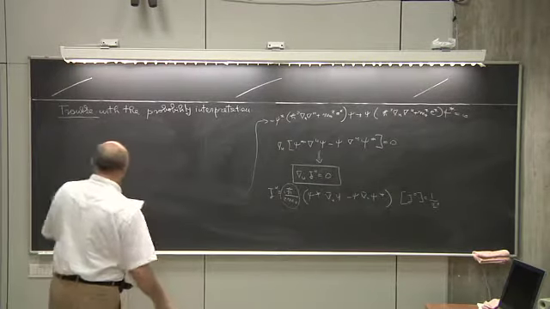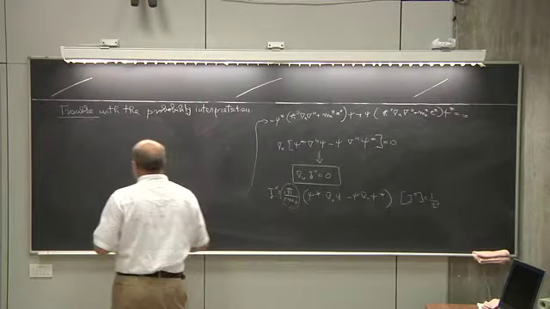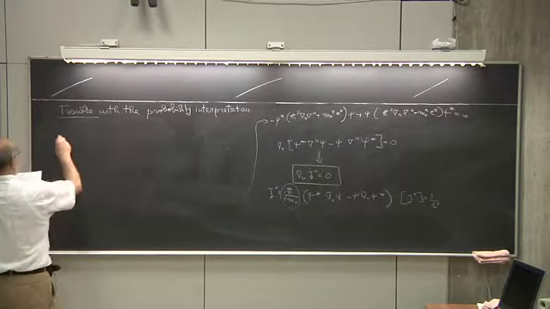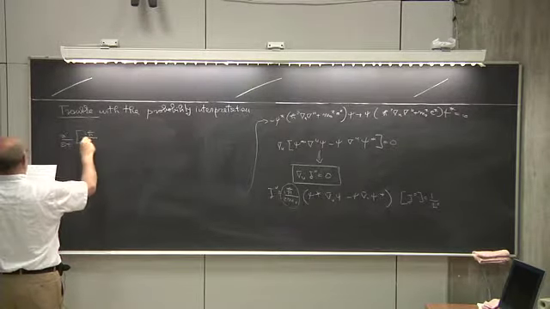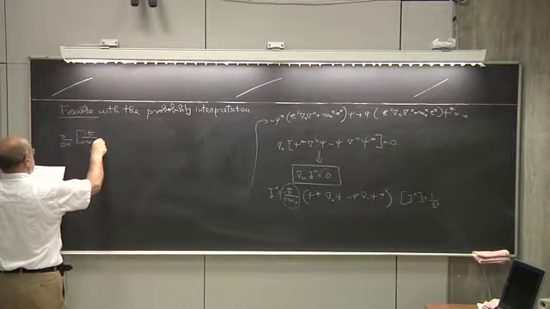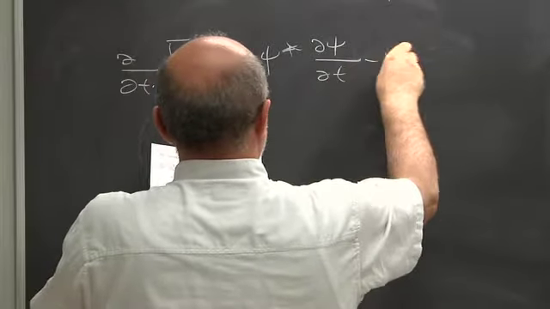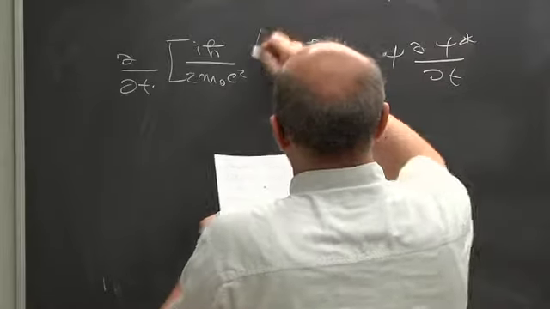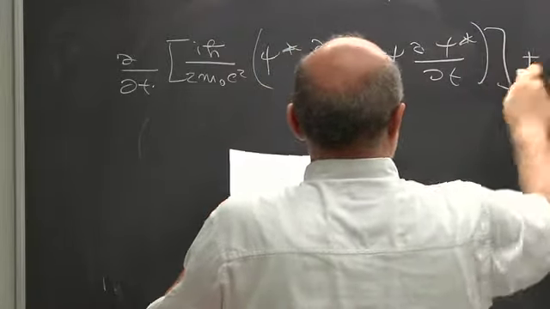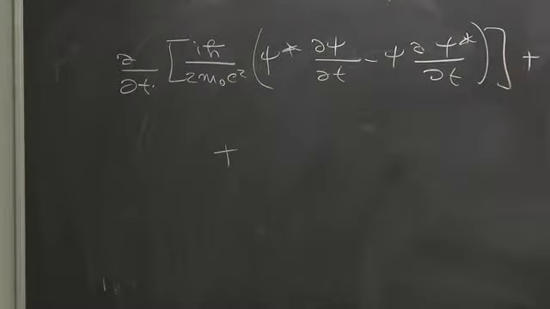What we get is the following. Remember, x0 is ct, so take account of all factors of c, and you get d/dt of i h bar over 2m0 c squared, psi star d psi/dt minus psi d psi star/dt, plus the space part, because here it contains d0 and then di.